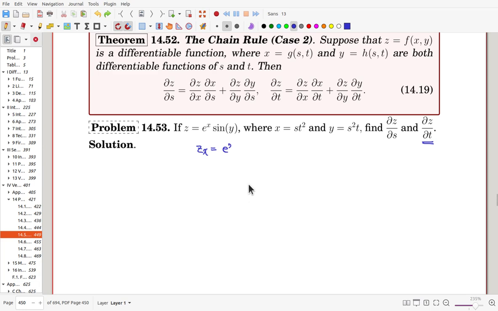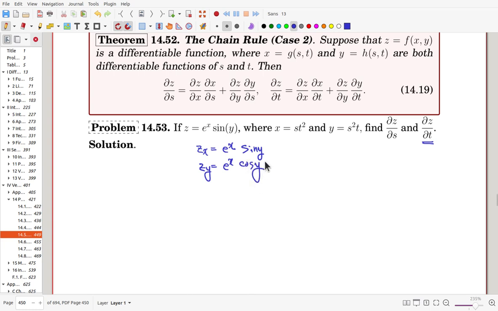Now we are working on the y derivative. For this one, e to the x is a kind of constant, and for y we put this constant, and the derivative of sine y is cosine y. So z sub y is e to the x cosine y.